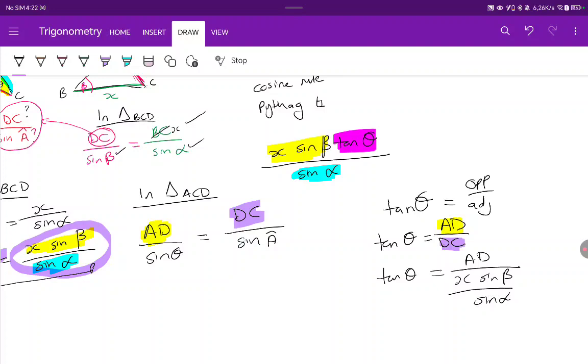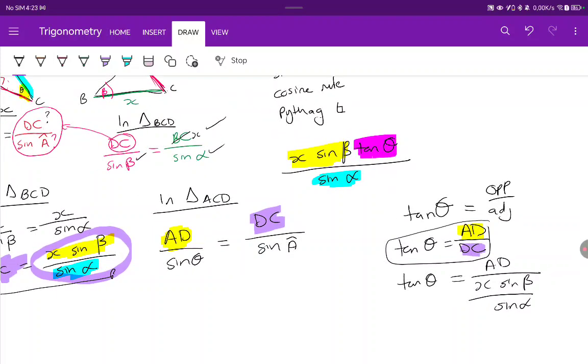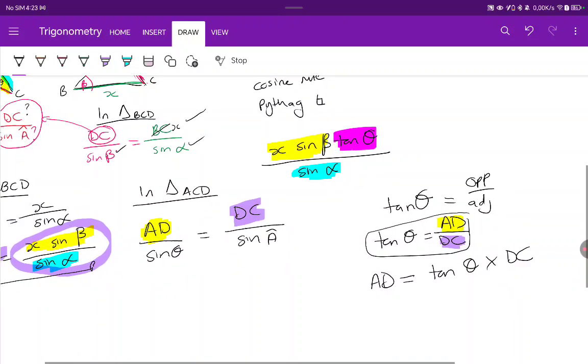Well, no, I can just take that. If I take that as tan of theta, then I can make AD the subject here. What if we made AD the subject here? We say AD is equal to tan of theta multiplied by DC. Would you agree with that? Okay. And what is DC?